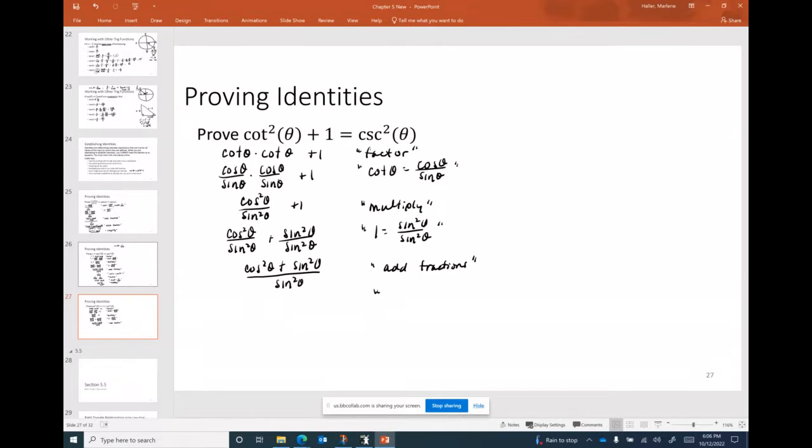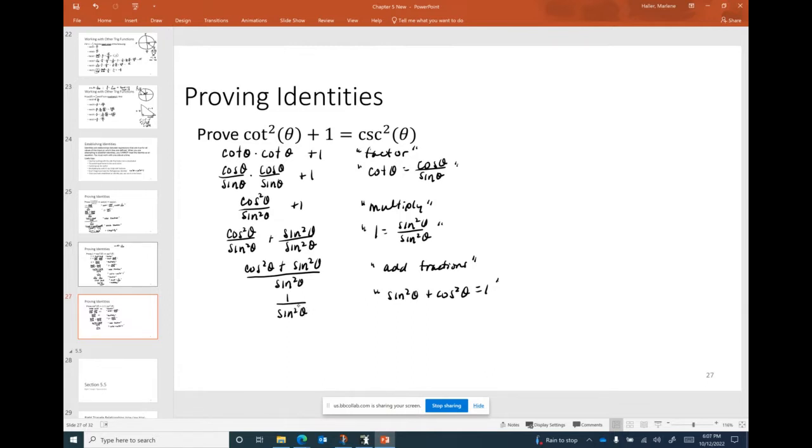Now we can use the Pythagorean identity. Sine squared theta plus cosine squared theta equals 1. So I'll substitute 1 in for the cosine squared plus sine squared, and we have 1 over sine squared theta.